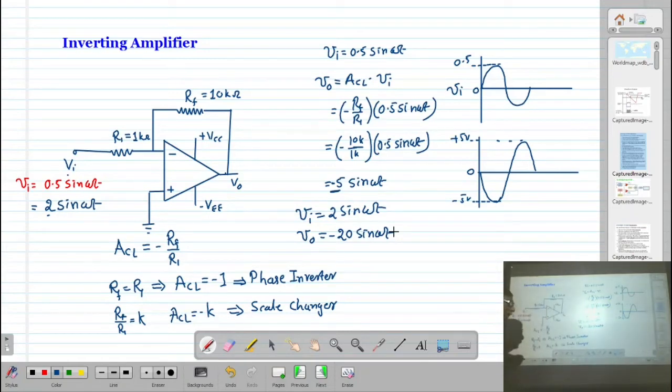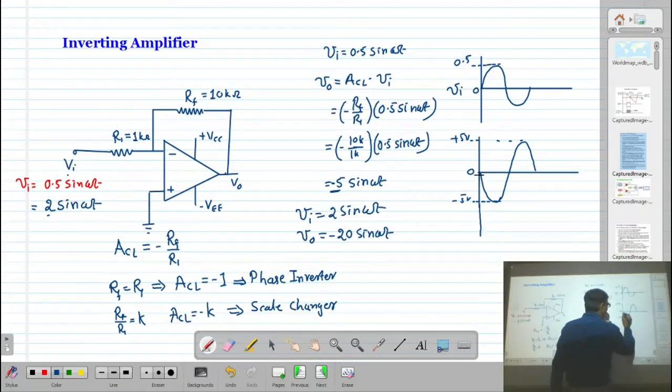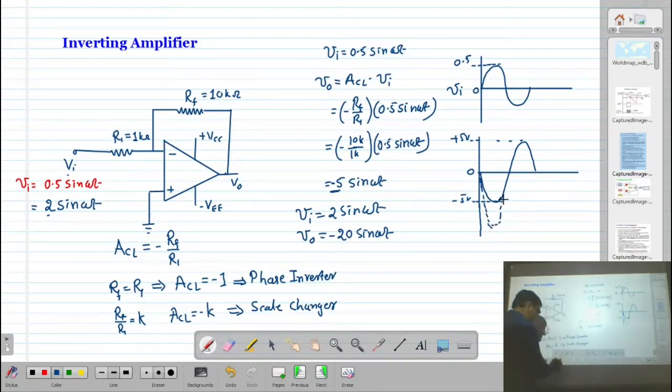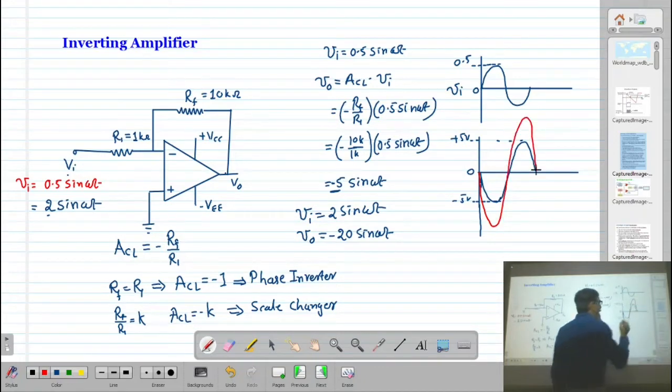Correct? It means that whatever the output signal is, it should be like this, -20, and here we have a +20.